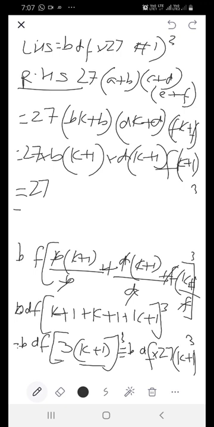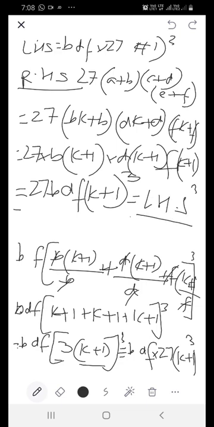B, how many monomials? B, D and F. And how many K plus 1? 3. So it will become K plus 1 into K plus 1 into K plus 1, that is K plus 1 whole cube. So this is equal to your left hand side. If you want, you can compare also.